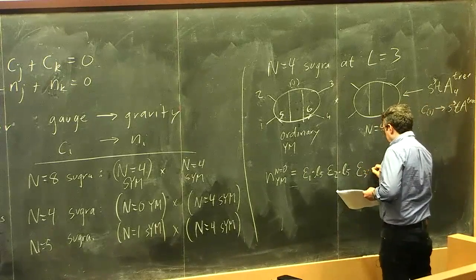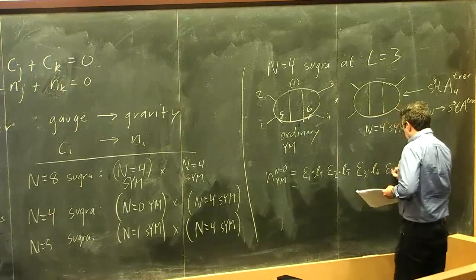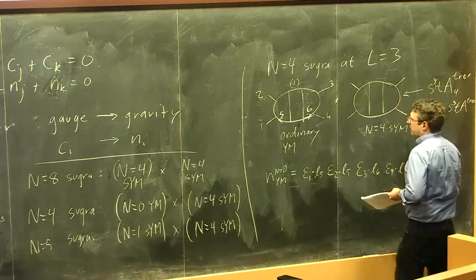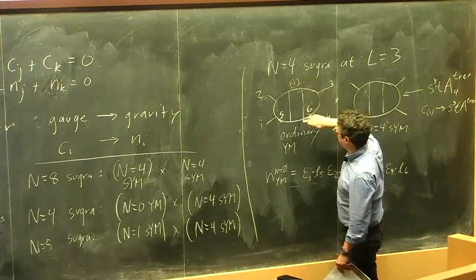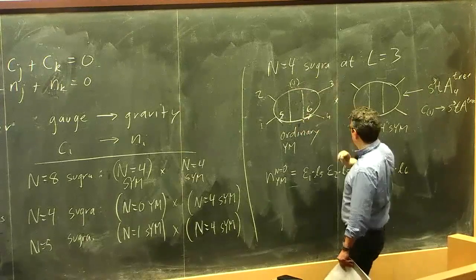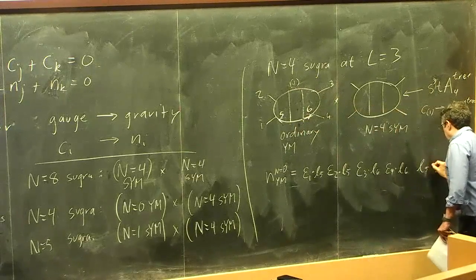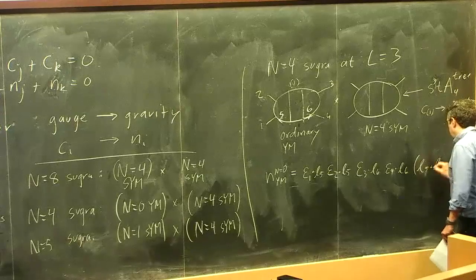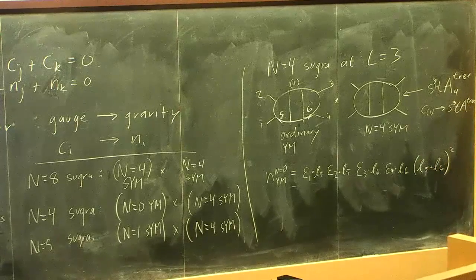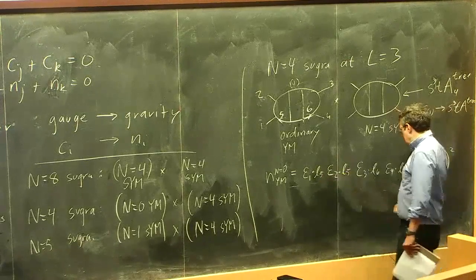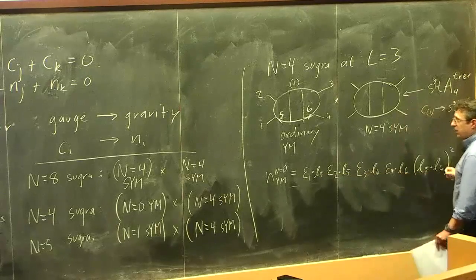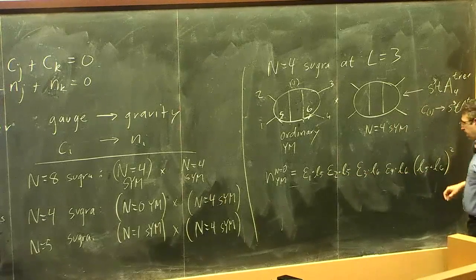Then there's epsilon 3 dot L6. There's epsilon 4 dot L6. And then you can see that there's more vertices that carry loop momenta. And in fact, there's a term that looks like L5 dot L6 squared. Okay, so you can count that there's 8 powers of loop momentum here.